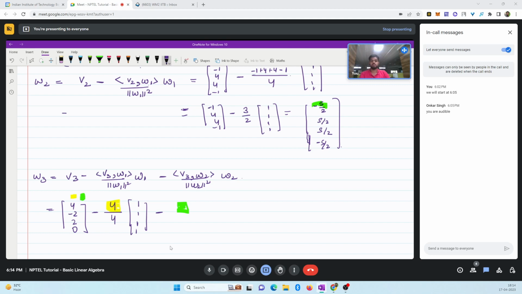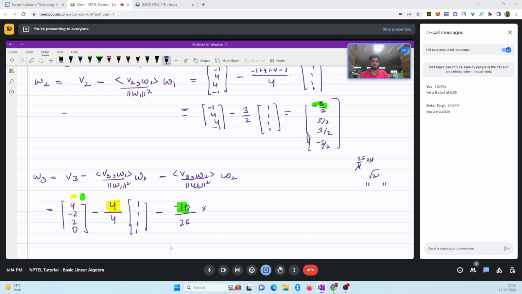So you will get contribution only from the first term, and that would be minus 10, right? And divided by the norm of this thing. So what is the norm of this thing? This is 25 by 4 into 4, that is 25. So the norm would be square root of 25, but if you take the norm square, you will get 25, right?